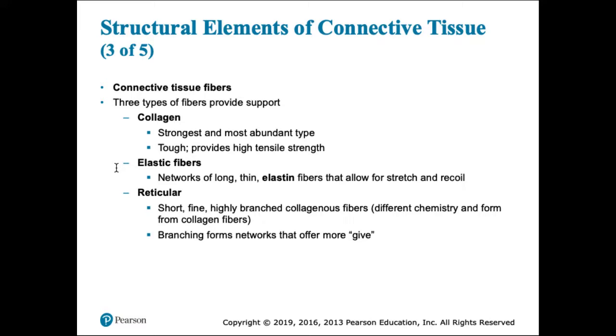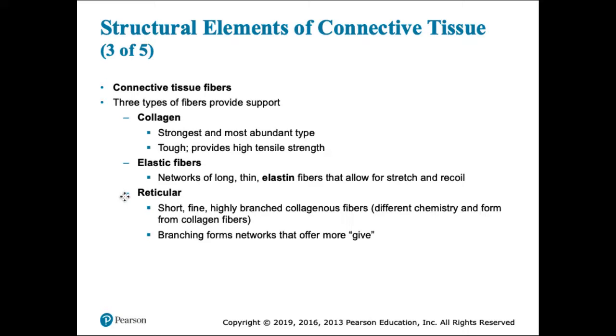So connective tissue fibers, there are three types of fibers that provide support. We have collagen, that's very strong, or the strongest, I should say, and most abundant type. It's tough. It provides high tensile strength. Elastic fibers are a network of long, thin elastin fibers. They allow for lots of stretching and recoil.